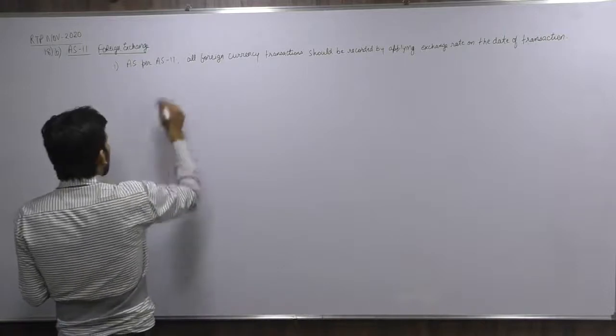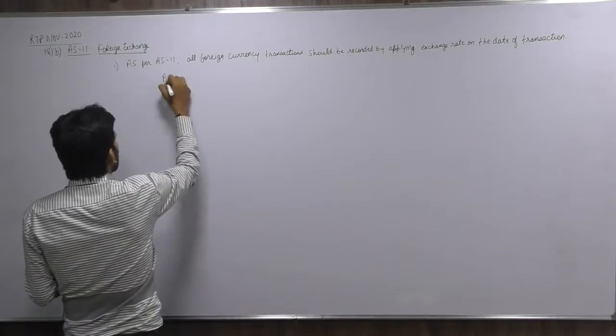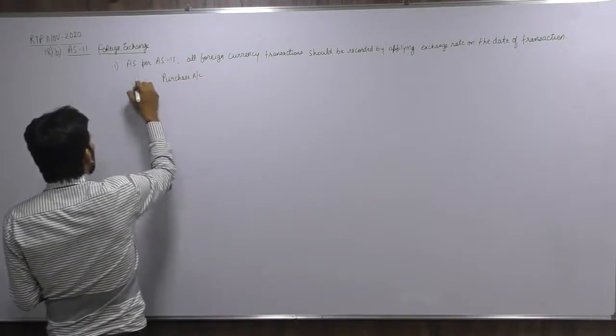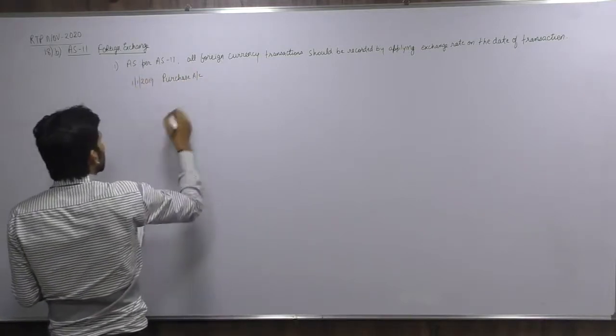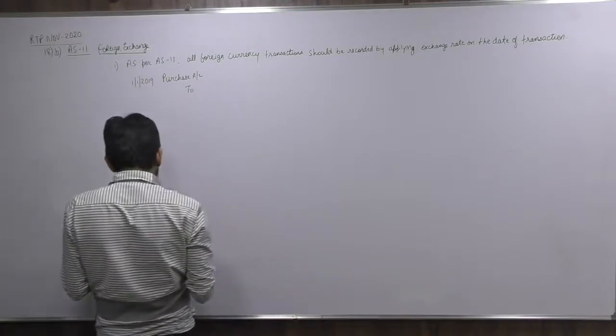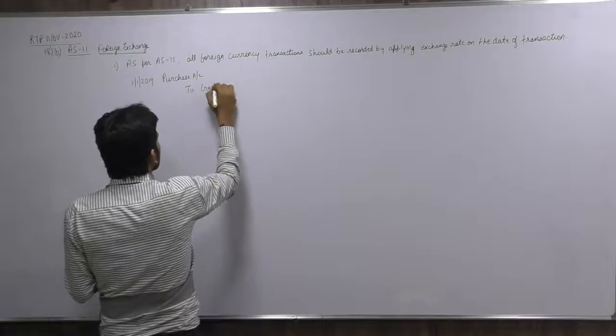So what entry will pass? Purchase account debit. This is on 1/1/2019. We'll pass this entry. Purchase account debit to creditors. Simple.